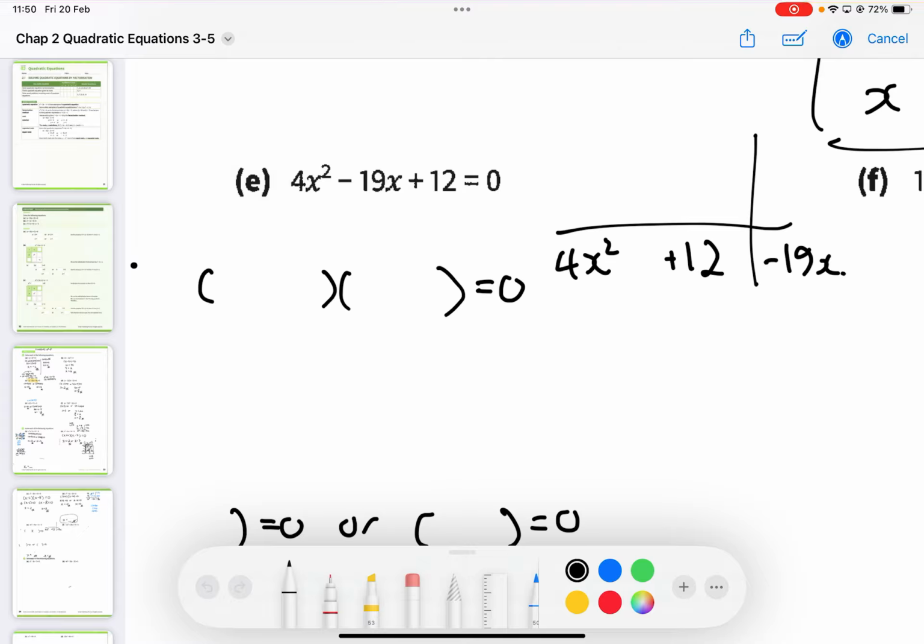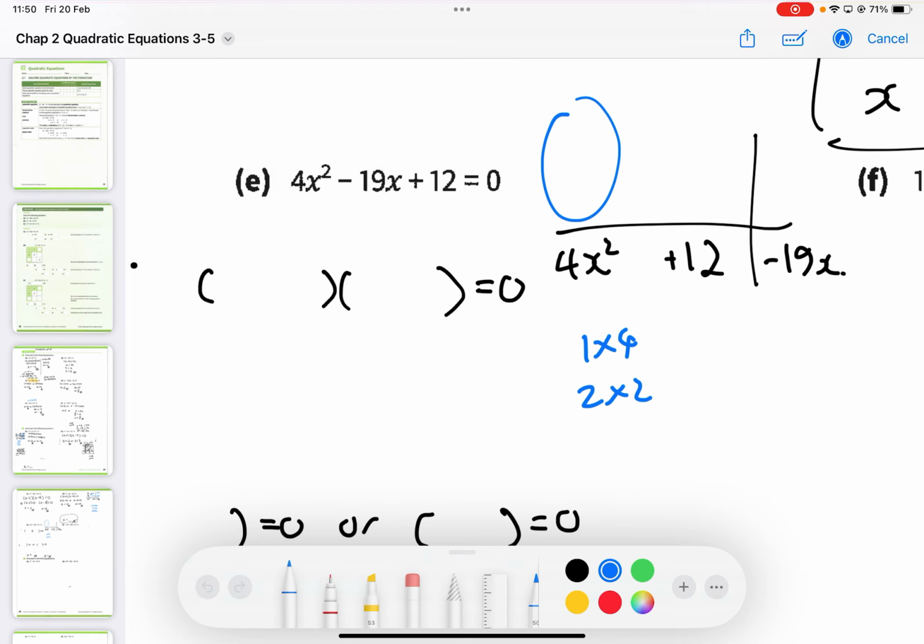Okay. So what are the possibilities in this first part? Okay, good try. It can be 1 times 4, it can be 2 times 2. But we must use 1 times 4.